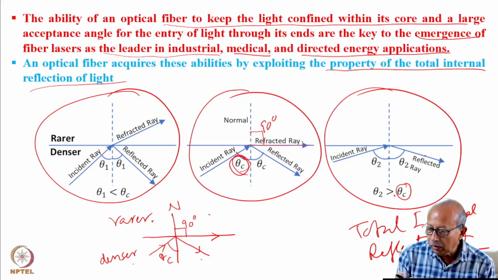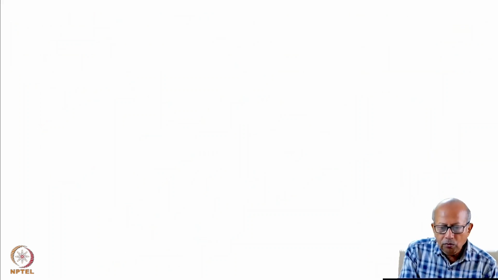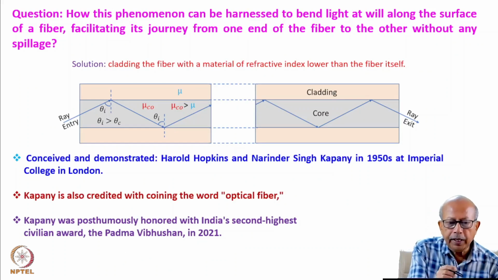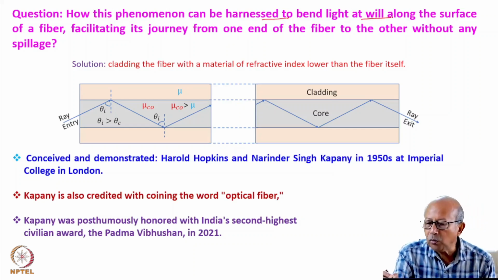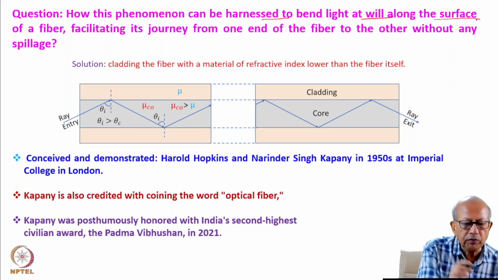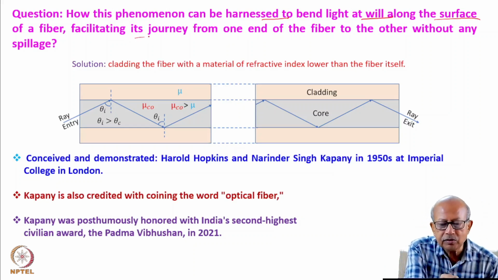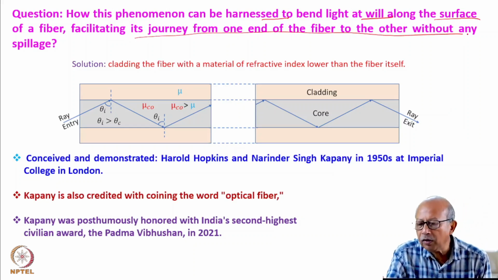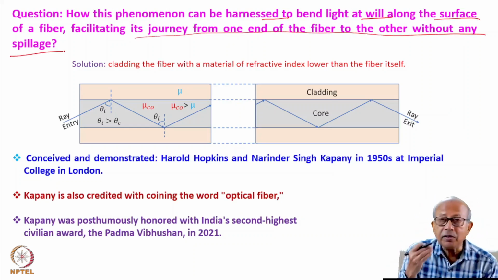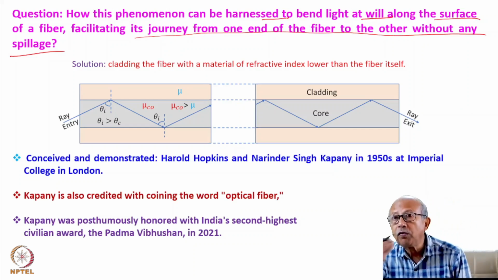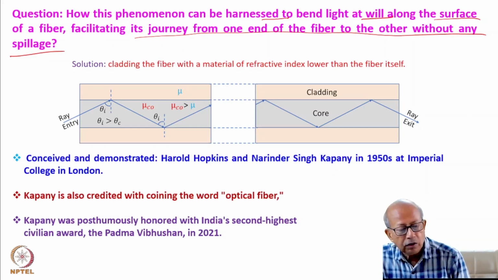So, how can this phenomenon be harnessed to bend light at will along the surface of a fiber, facilitating its journey from one end of the fiber to the other without any spillage, that is, without any loss of energy through refraction?